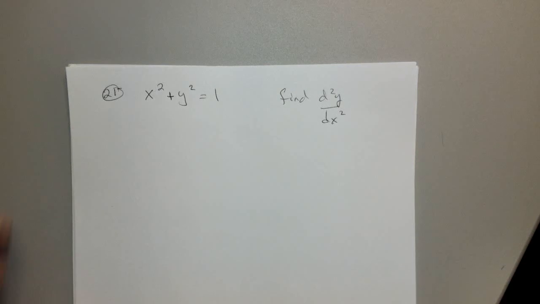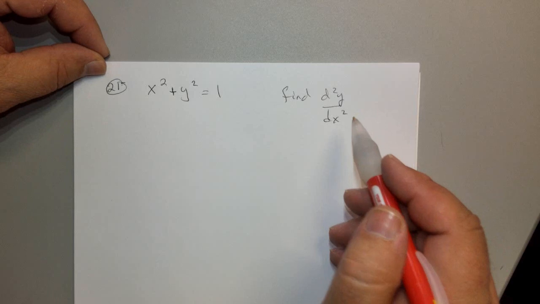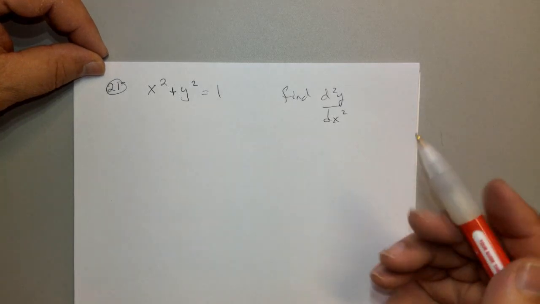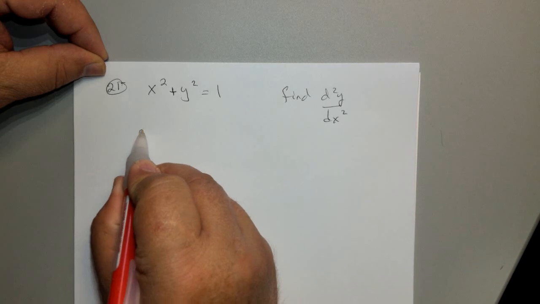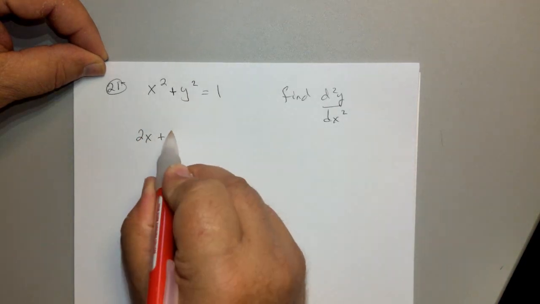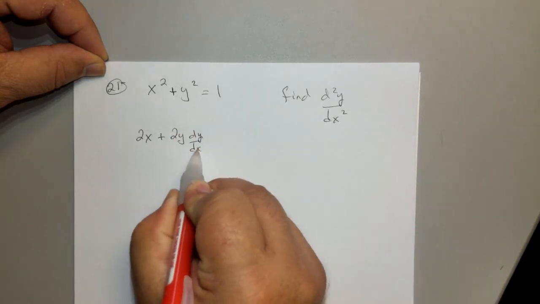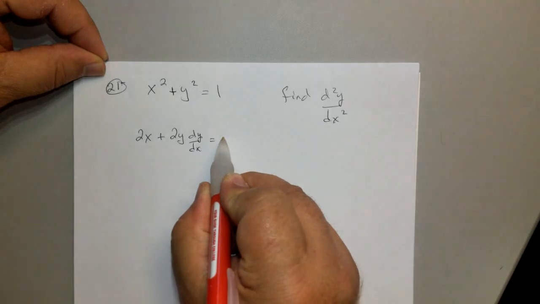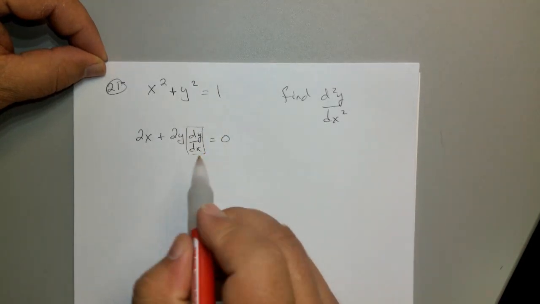Okay, let's go to this one. In order to find the second derivative, what do we have to find first? First derivative. So, the derivative of x squared is 2x. Derivative of y squared, good. And the derivative of 1, 0. So that's a solve for dy dx.